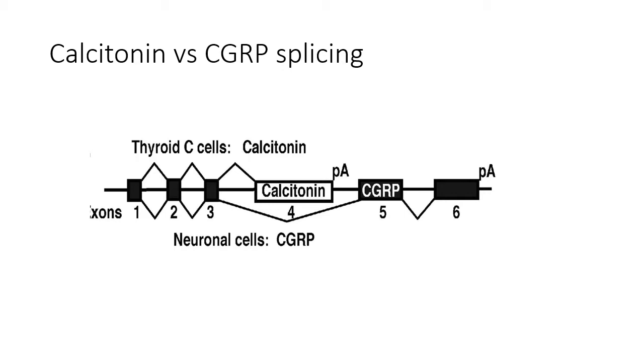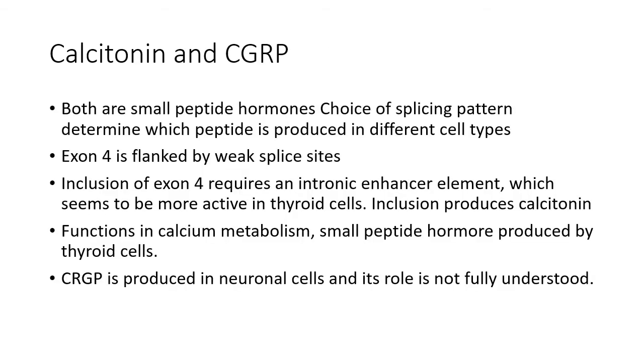So the way that works is that exon 4, the calcitonin one, is flanked by weak splice sites. So it doesn't provide the proper signals really for the splicing apparatus to see it very regularly. What is included in an intron adjacent to it is an intronic enhancer element.